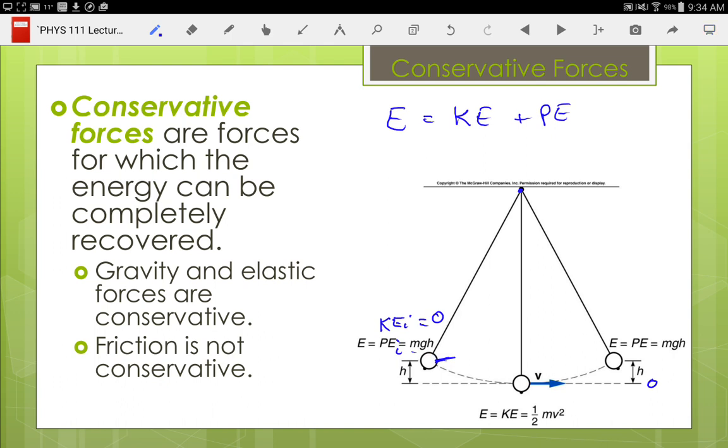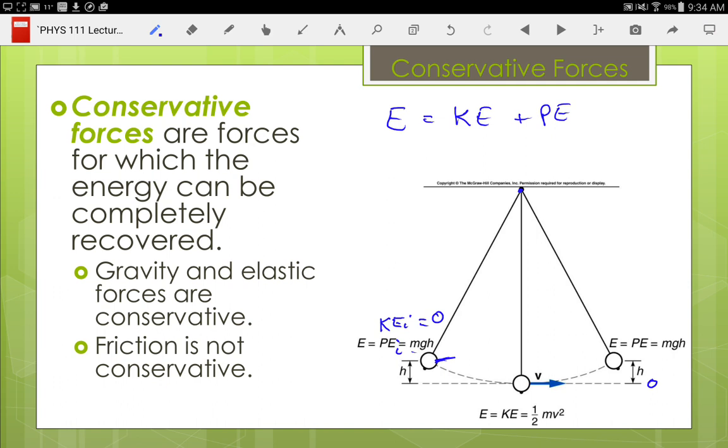Then as it drops, assuming there's no air resistance, all of the mechanical energy remains the same. But it can shift from one type to another type of mechanical energy. So gravitational potential energy was one type of mechanical energy.